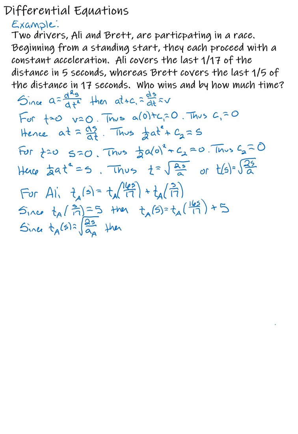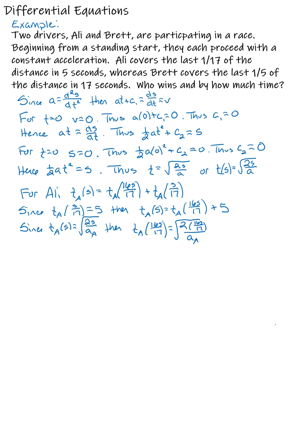What we can do then is write t sub a of 16s over 17 as the square root of 2 times 16s over 17 over a sub a. All I did is simply substitute 16s over 17 for s in that original time function.